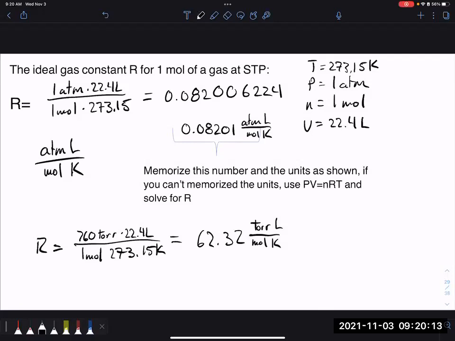And actually, let me do this too. If we use our PV equals nRT equation, R is just what we get when we solve this equation for R. So we'll get PV over nT equals R: pressure, volume, moles, Kelvin. And then you just do it at STP.